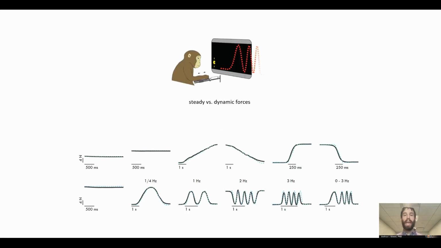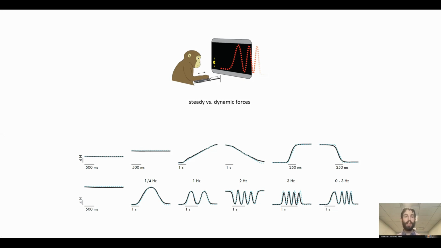I only showed you a handful of trials in the video, but this figure shows all the force patterns that the monkey generated. So those that are static or non-changing, those that are slowly increasing up or down, things that are very rapidly oscillating in that bottom row.